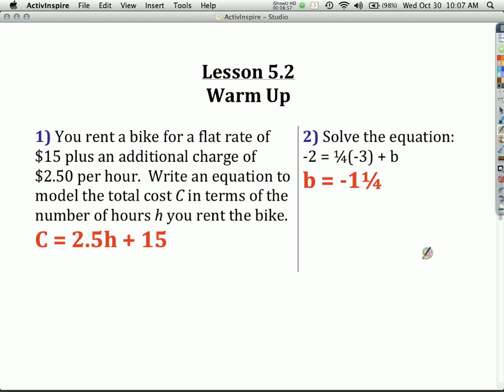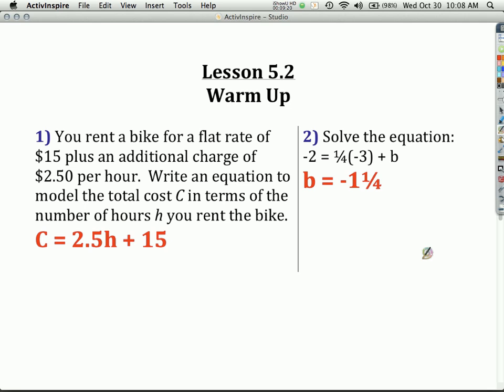So -1.25 and -1 1/4 are the same thing. They have the same value. But it tells me something about what you did. You avoided the fraction, and that's unfortunately going to get you into trouble as we go through today and beyond. Doesn't make you a bad person, but you have to learn that you can't do that.